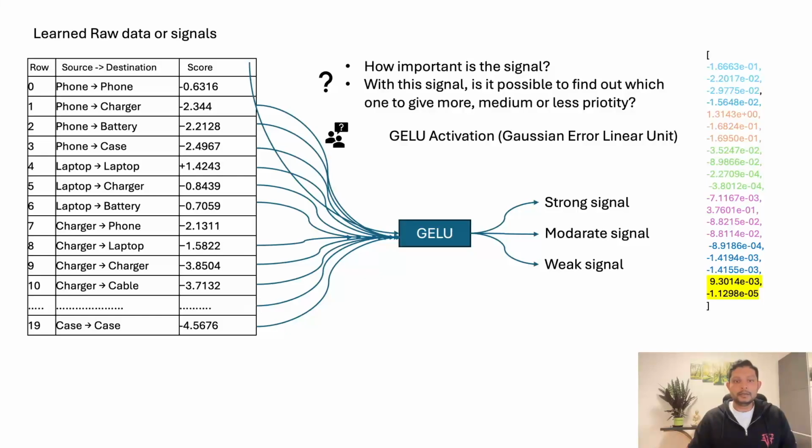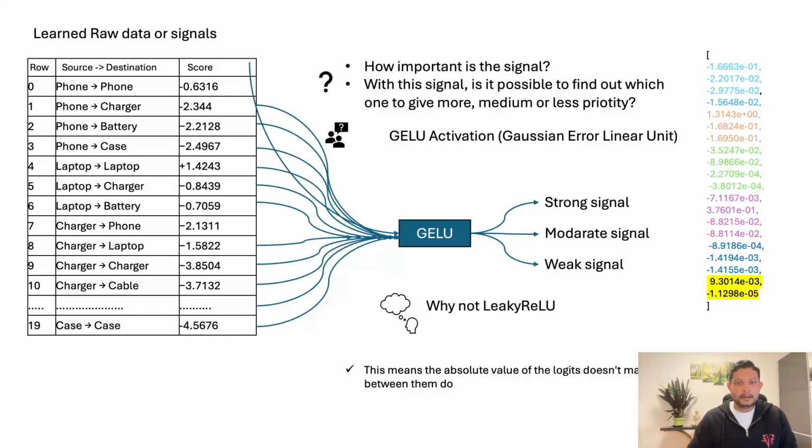This is the main purpose of the activation function. As I said, the absolute value of the logit doesn't matter, only the difference between them does.